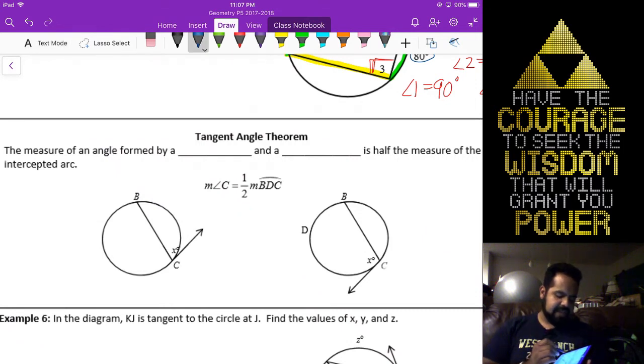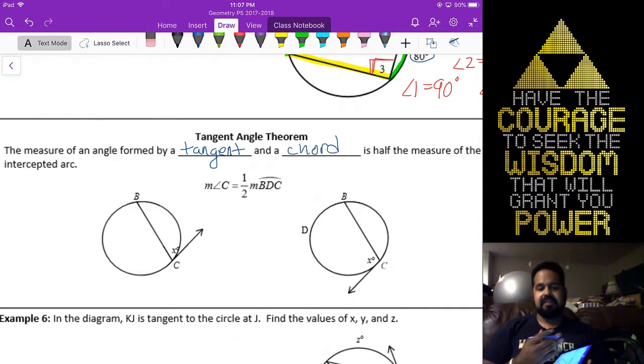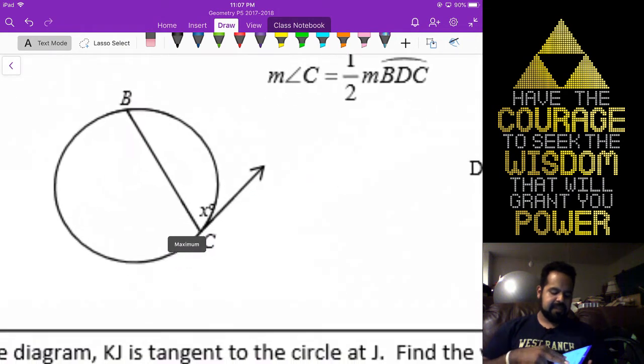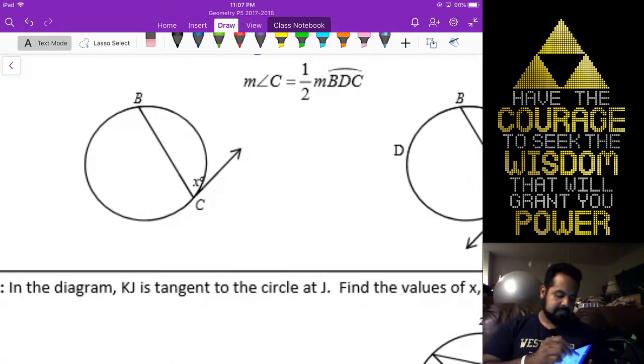So the measure of an angle formed by a tangent and a chord is half the measure of the intercepted arc. It's the same as the previous one, but here's how it looks. Here's my chord that forms an angle with the tangent line.